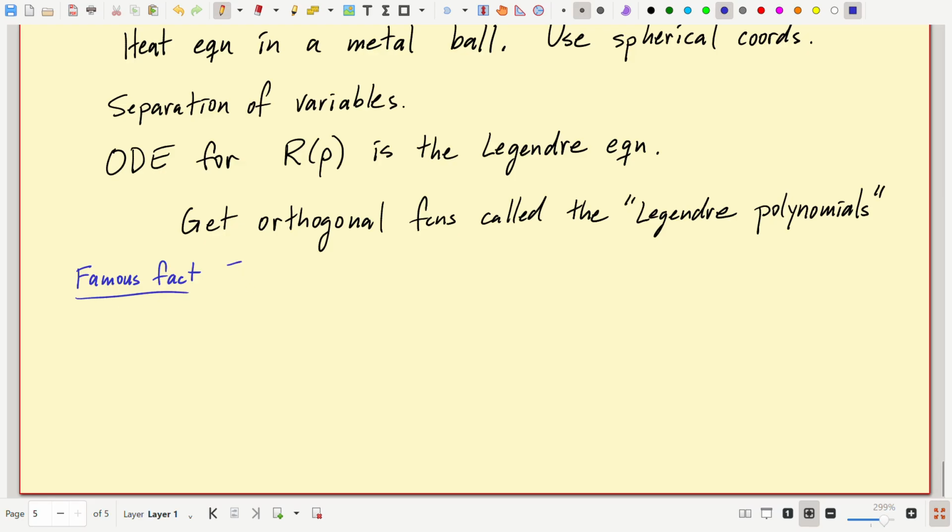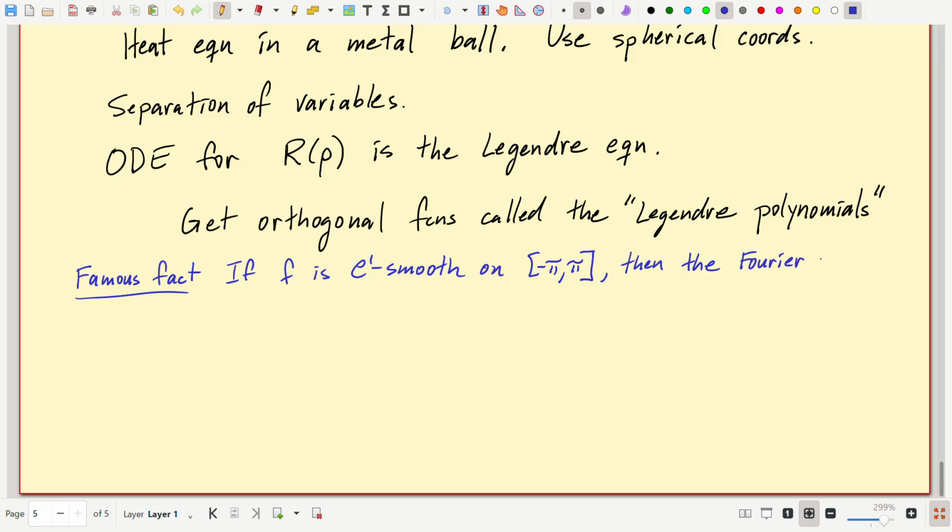If f is C1 smooth on minus pi to pi, then the Fourier coefficients for f are absolutely summable.